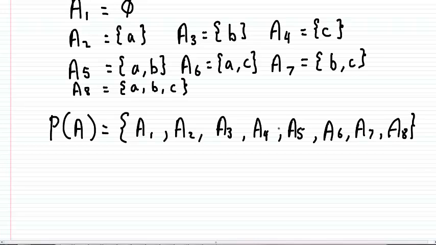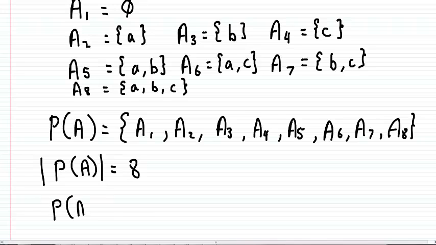So the elements of the power set are sets themselves. That's key. The number of elements in the power set, you can see, is 8. So the cardinality of the power set in this case is 8. And we can see that just by counting these elements in the set.